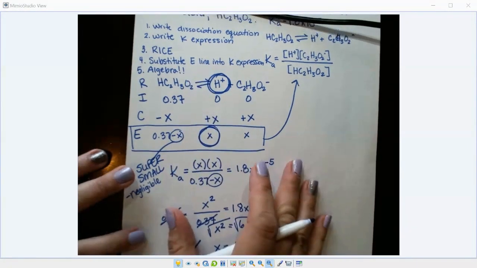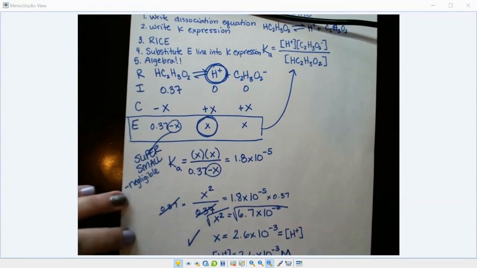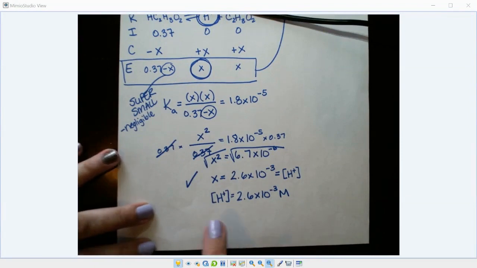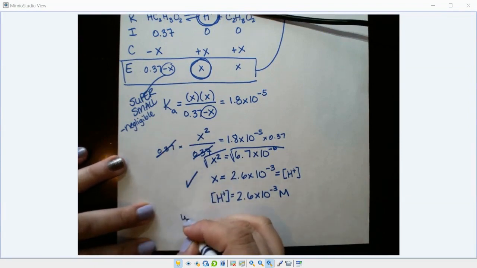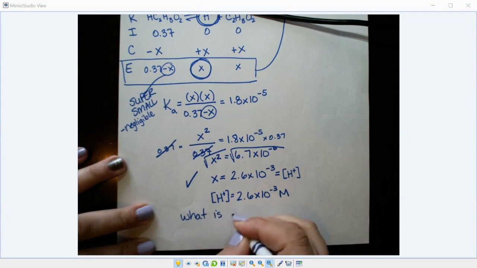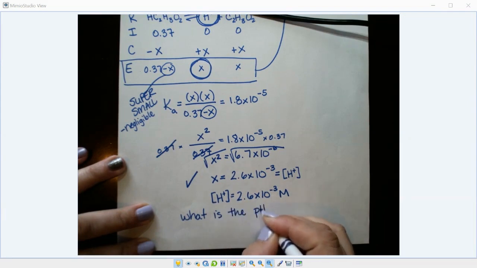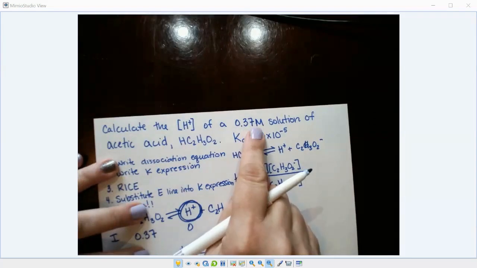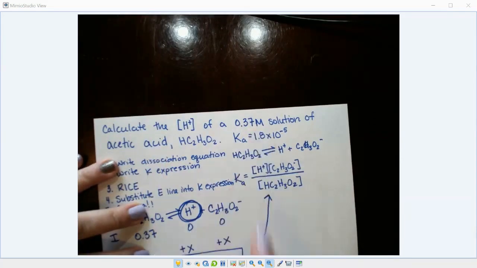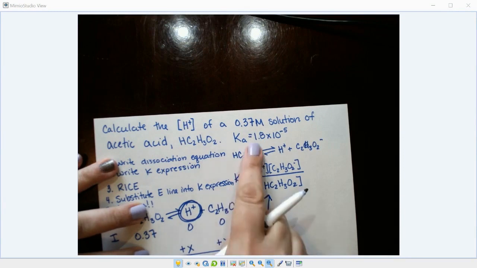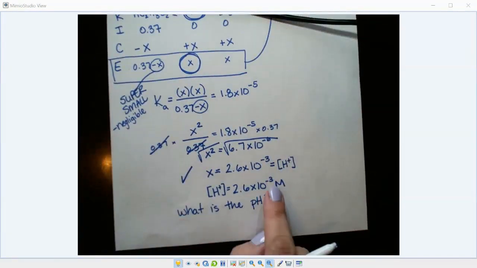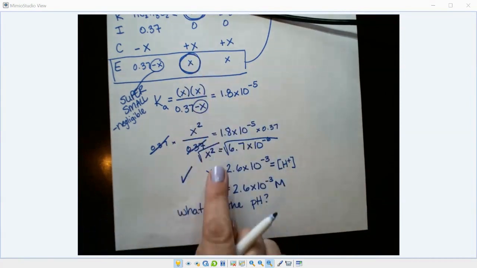This question could go on, and I did put one in the your turn, to say further, I want you to tell me what is the pH. So what is the pH of this acid, 0.37 molar acetic acid? To find the pH, all you really have to know is the H plus. And we just went through a bunch of steps to calculate the H plus.